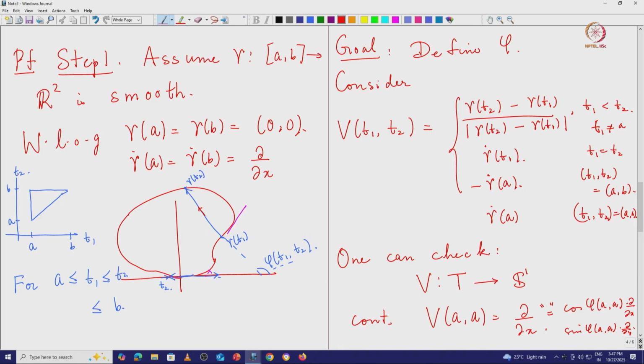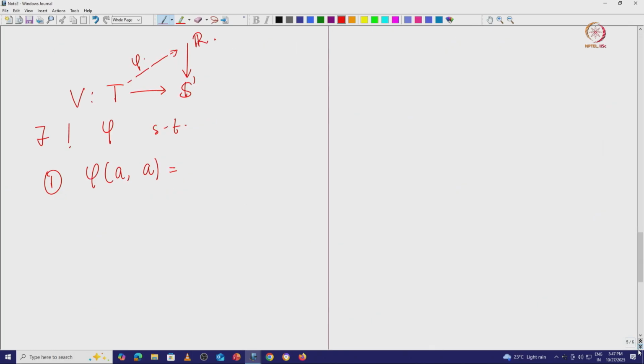So that means a suitable normalization for phi is we put phi of (a, a) equal to 0, and secondly we also of course want this to be a lift, which means that v is equal to (cos phi, sin phi), because the universal cover map, remember, is t going to (cos t, sin t).